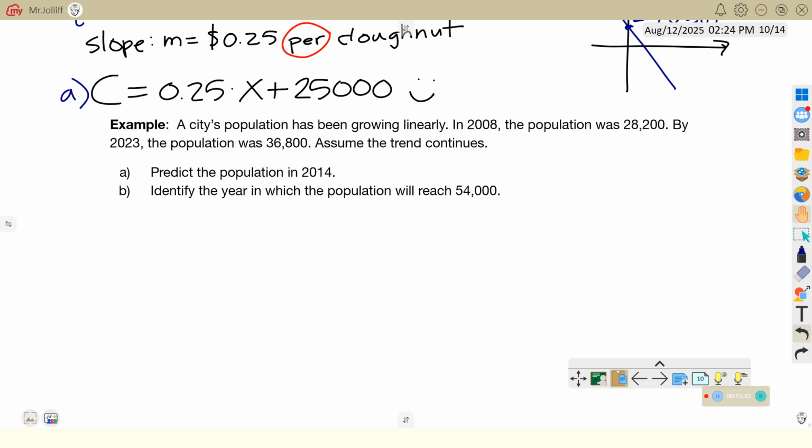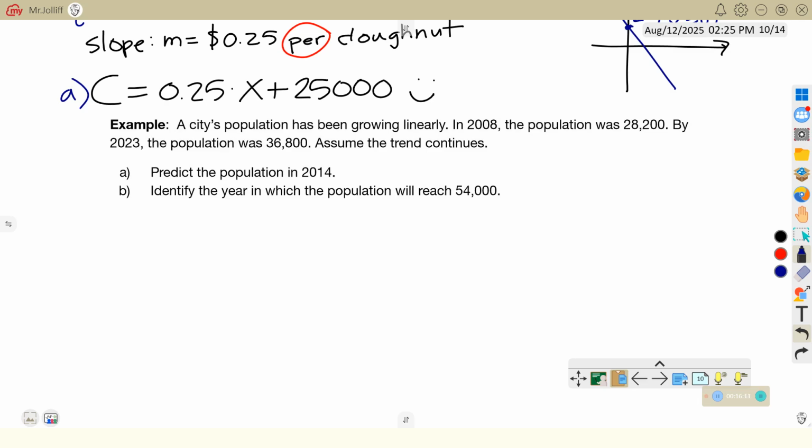So word problem, 2 directions for the word problem. We're going to start the same way. We're going to pick through that information and identify the 2 quantities that we are interested in. And they gave us a bunch of numbers. How many numbers did they give us before we got to A and B, just in the base word problem? 4. I have a sneaking suspicion they gave me 2 ordered pairs.